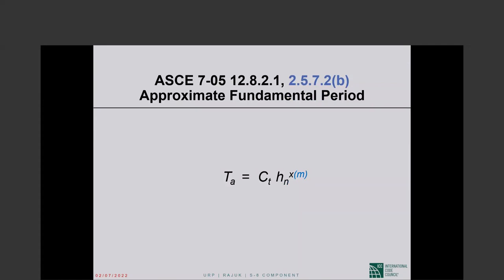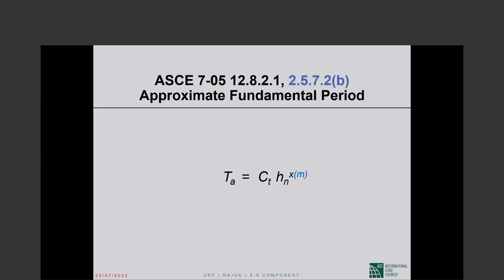This tells you that the approximate period cannot be, quote unquote, the real period of the structure, because it is a function only of height. Let us say we have a structure that is 500 foot long and 100 foot wide, a very elongated structure.